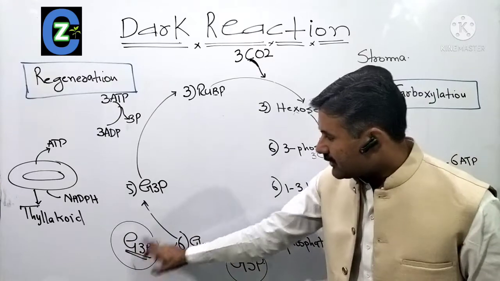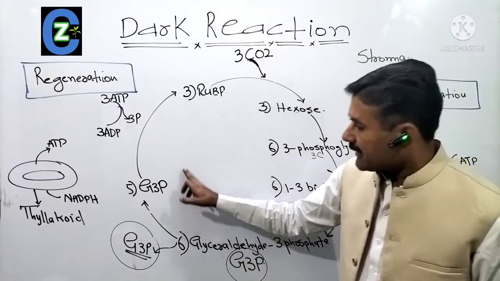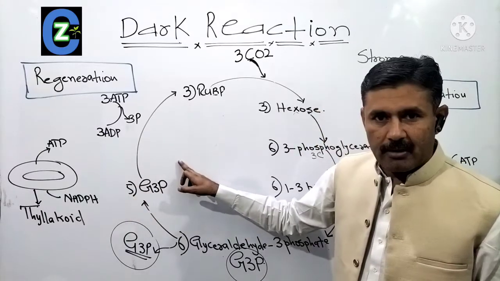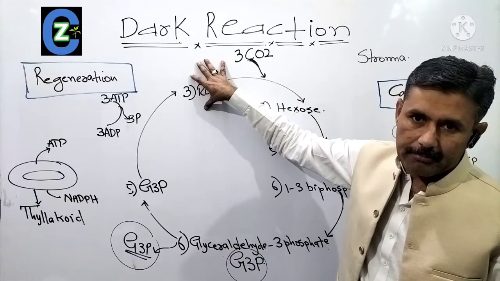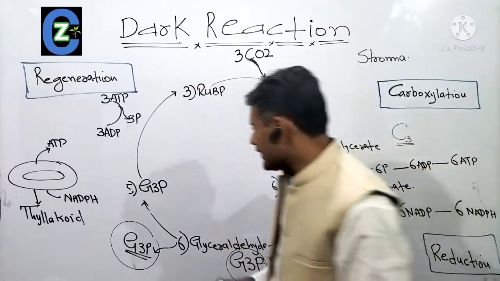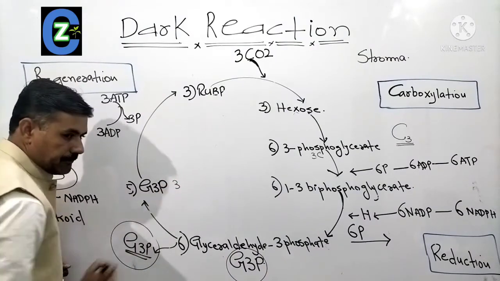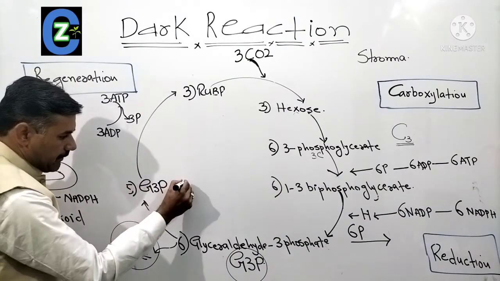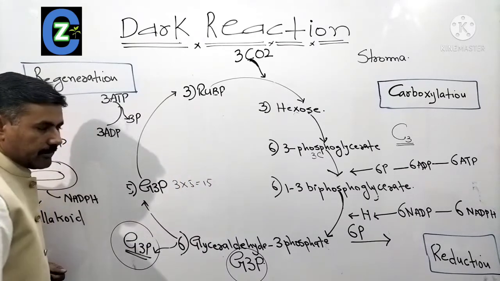When 1 comes out, the remaining 5 molecules of glycerolaldehyde 3-phosphate are present again in the stroma, and they will have to regenerate 3 molecules of RuBP. Now try to understand, each molecule of glycerolaldehyde has 3 carbons, and there are a total of 5 molecules. When we multiply by 5, we again have a total of 15 carbons.